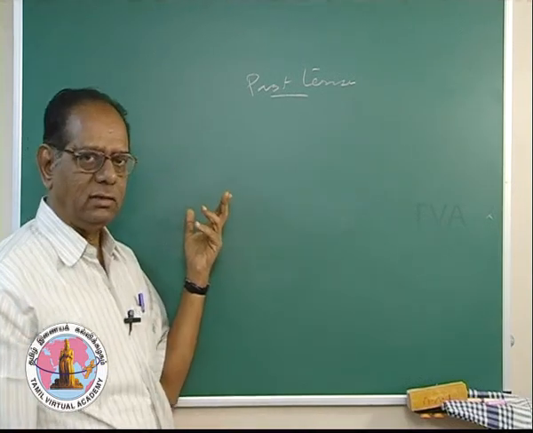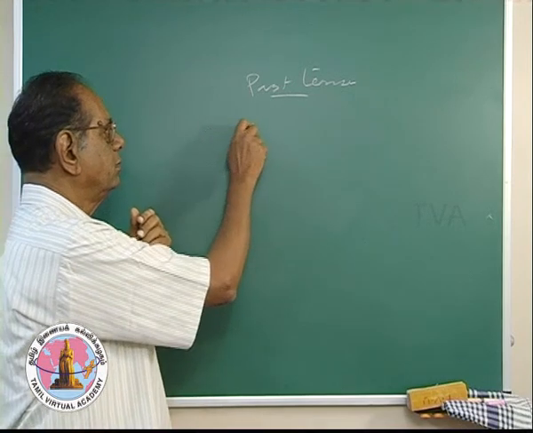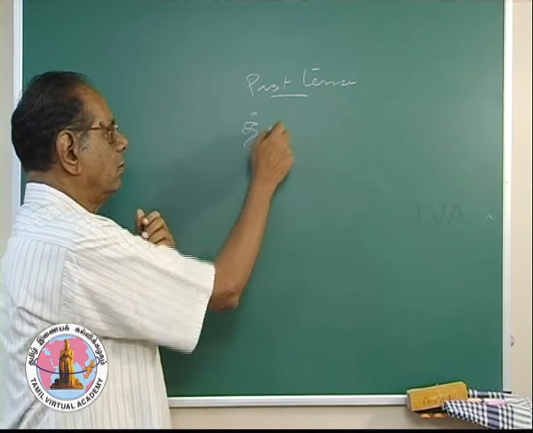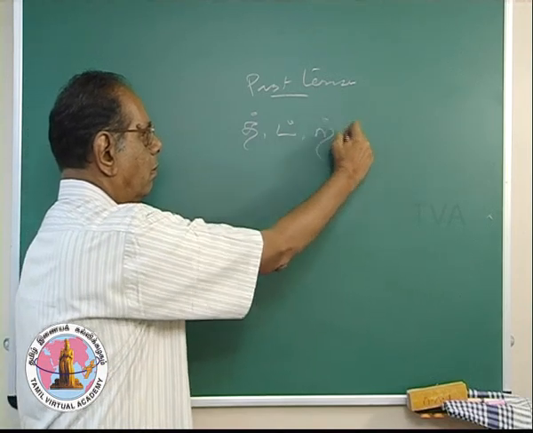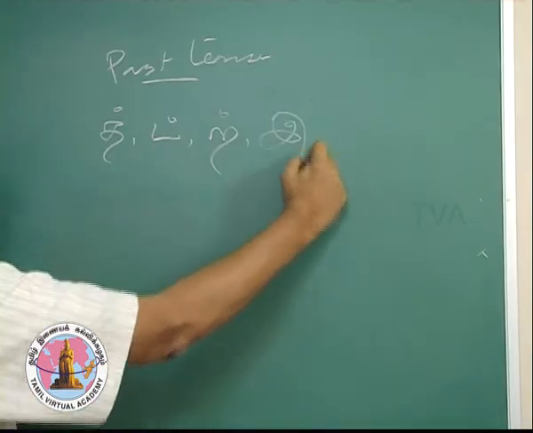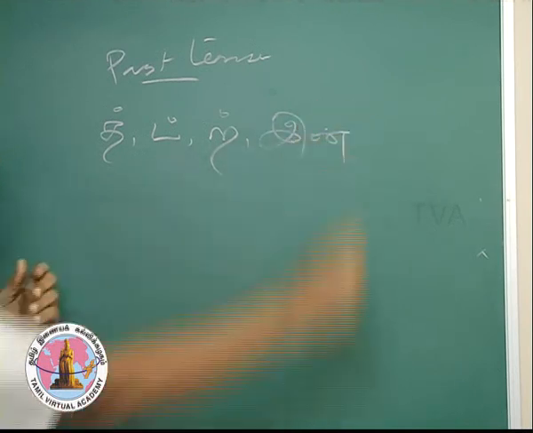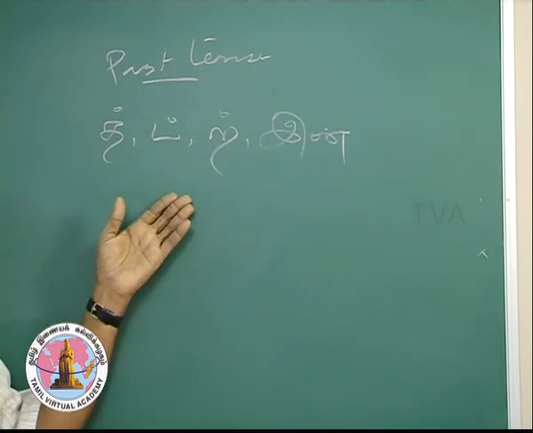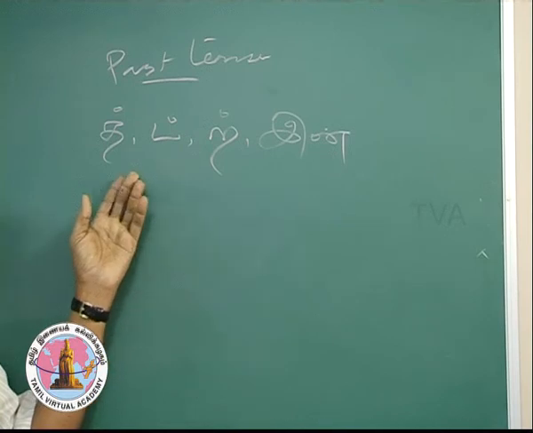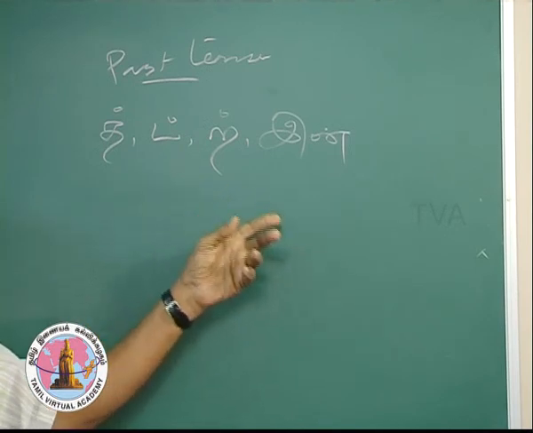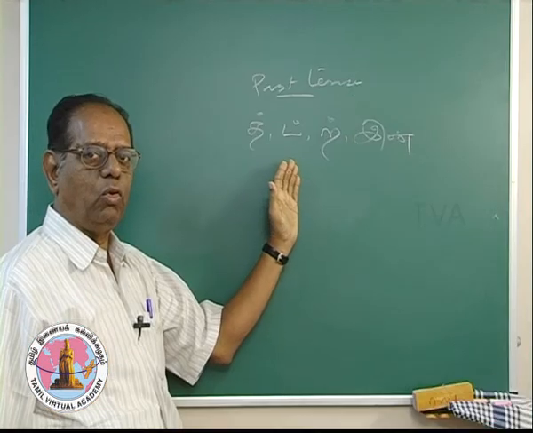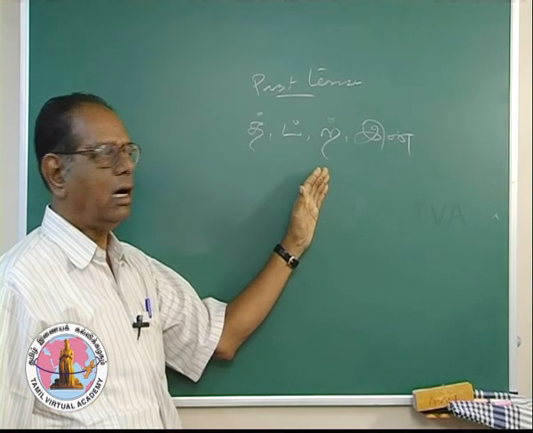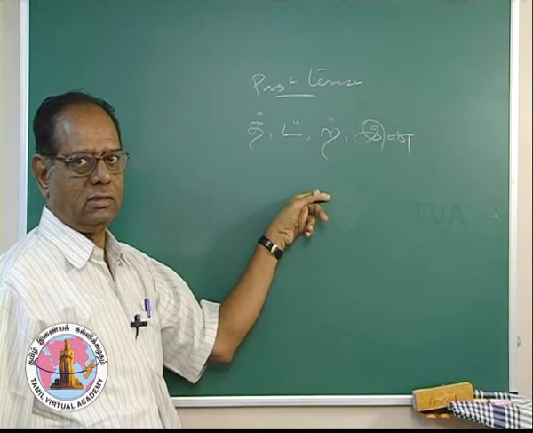In the past tense, you have got four tense markers: த், ட், ற் and இன். These are the four tense markers of the past tense.